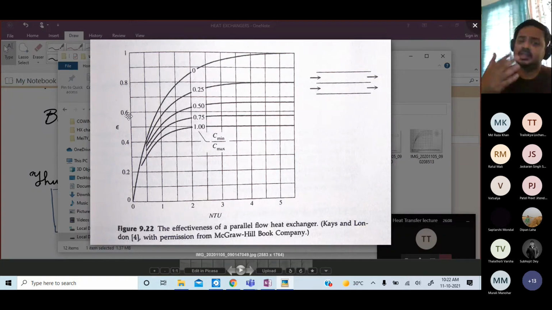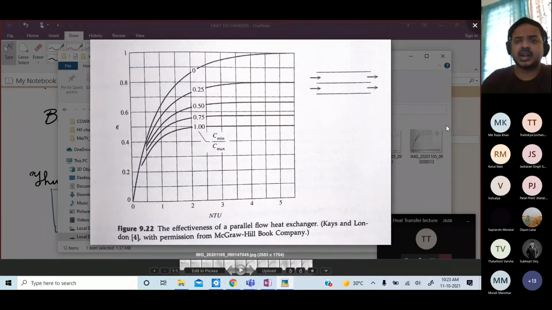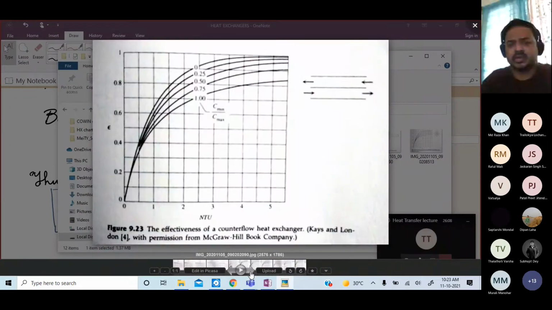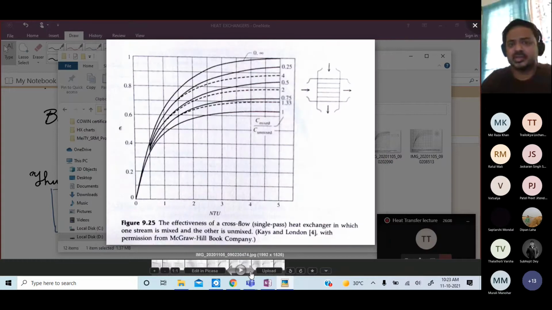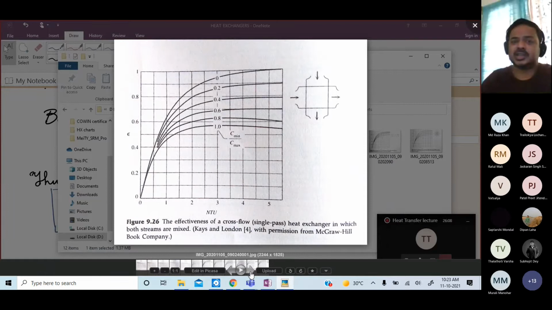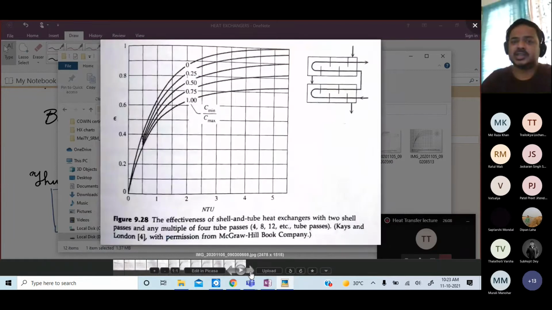So this is how it is, and these epsilon NTU charts are very handy and useful. You have it for parallel flow, you will have it for counter flow, you'll have it for cross flow, both fluids unmixed, one mixed, one unmixed, both mixed, shell and tube, blah blah blah.